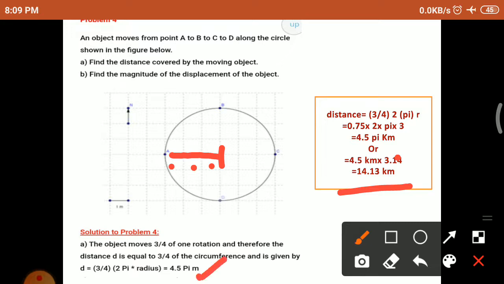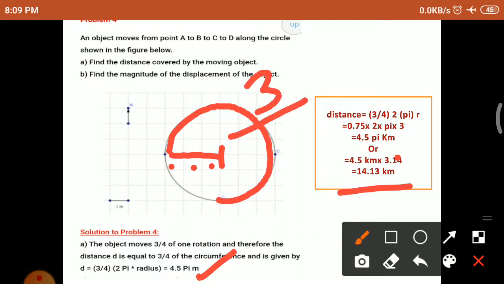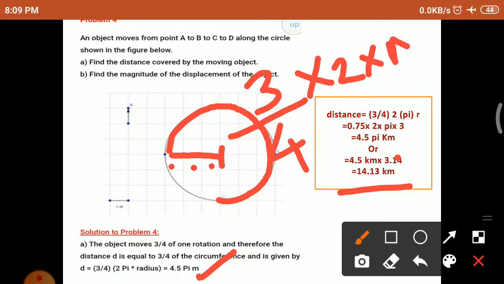So the distance is 14.13 kilometer or 4.5 pi kilometer. Here the object covers only the 3 by 4, so I took the circumference as 3 by 4 into 2 into pi r.